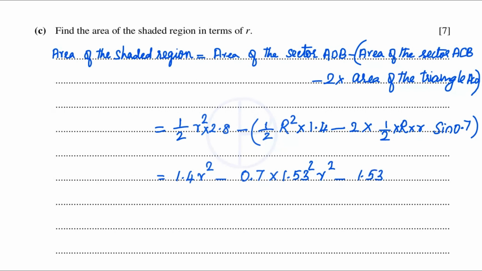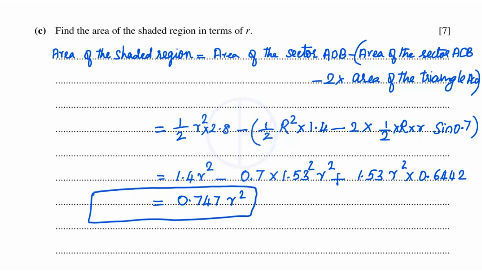R multiplied by r is 1.53 r squared multiplied by sine 0.7, which is 0.6442, and minus multiplied by minus is plus. On simplifying this we get the final value as 0.747 r squared. This is the area of the shaded region.